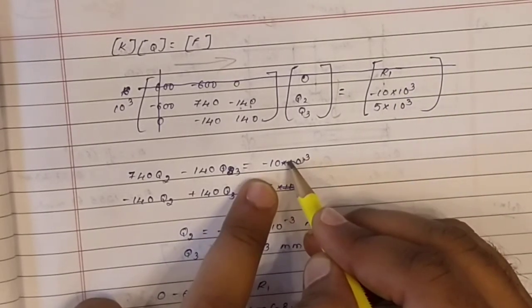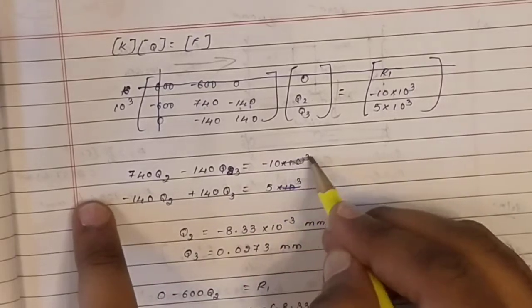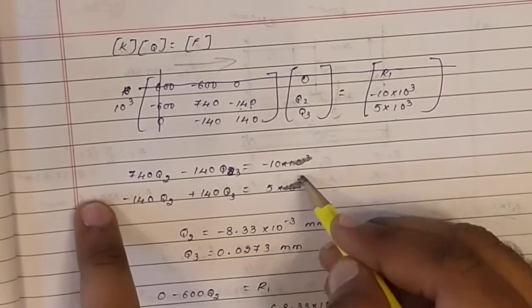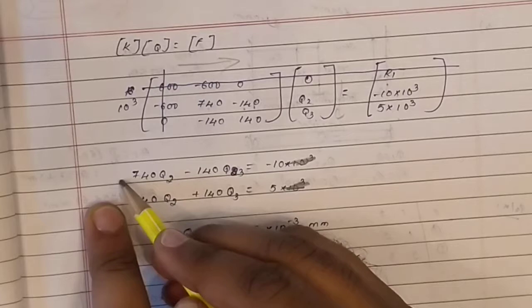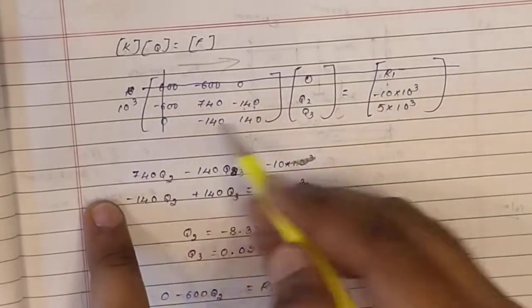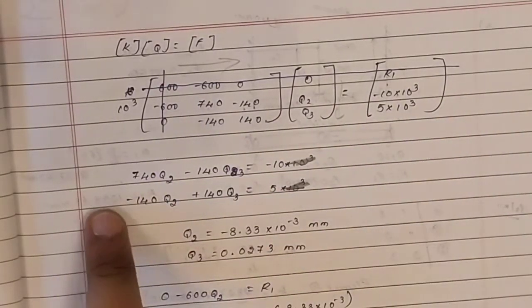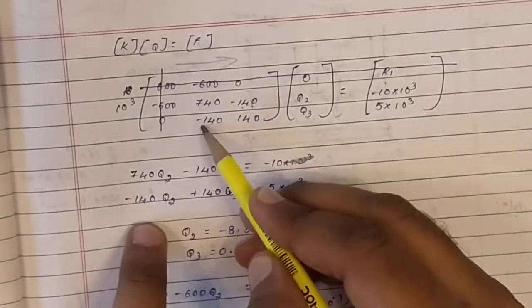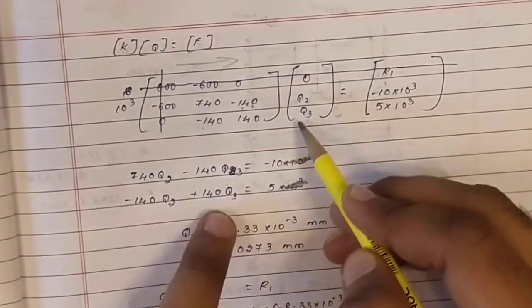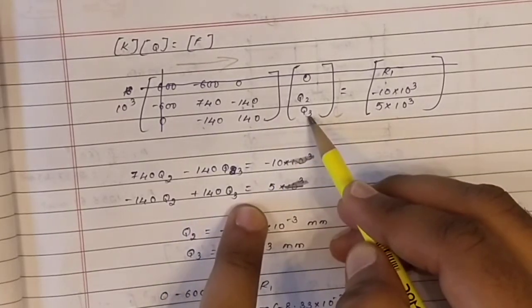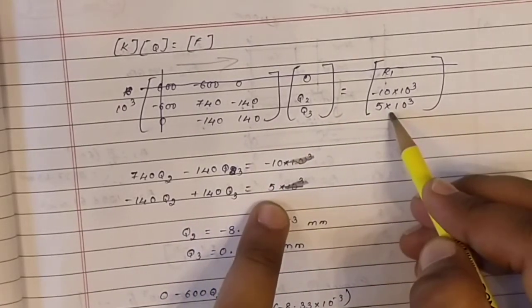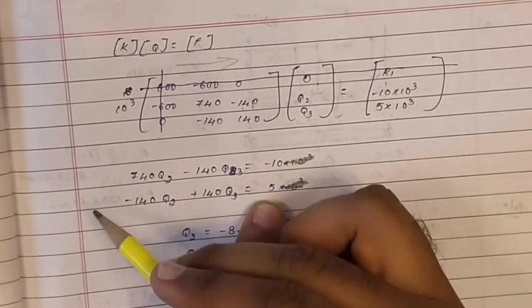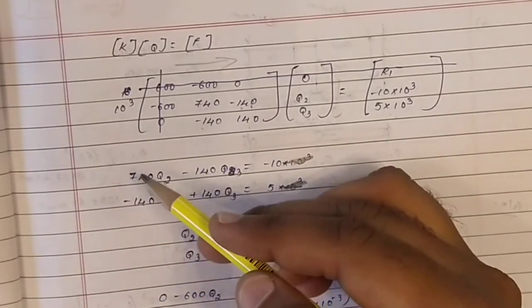10 power 3 is common on both sides, so I'm cancelling 10 power 3 out. Or if you want, you can write 10 power 3 here also, not a problem. Minus 140 into Q2 plus 140 into Q3 equals 5 into 10 power 3.